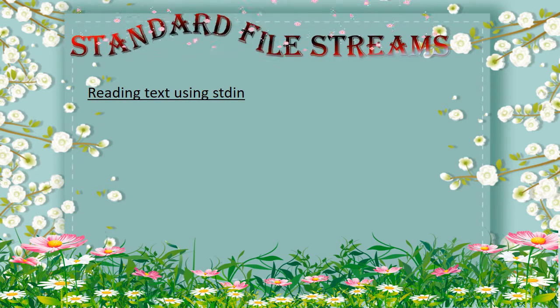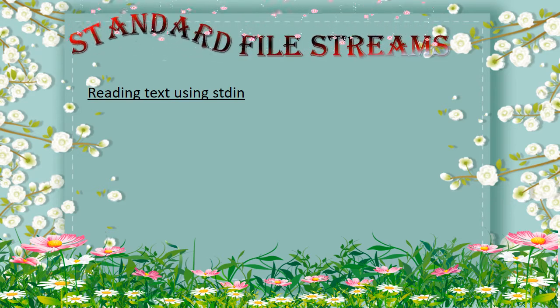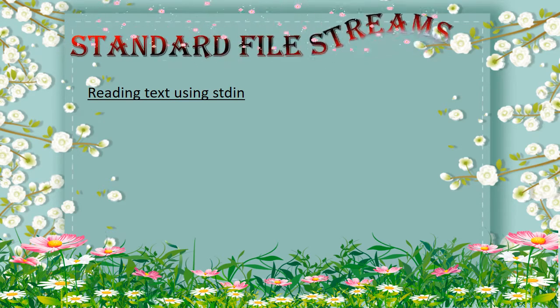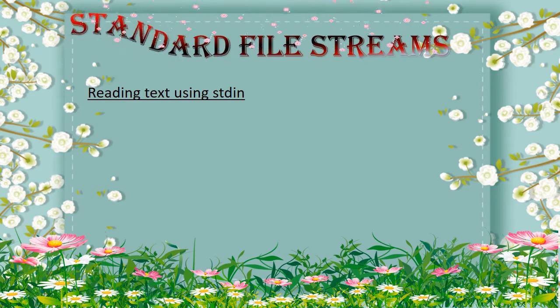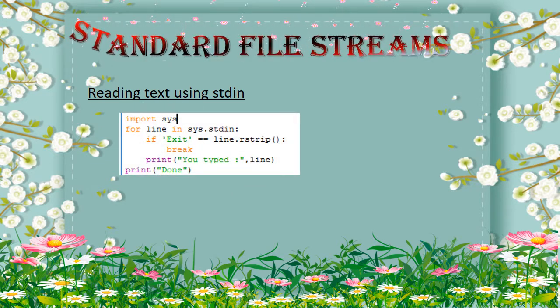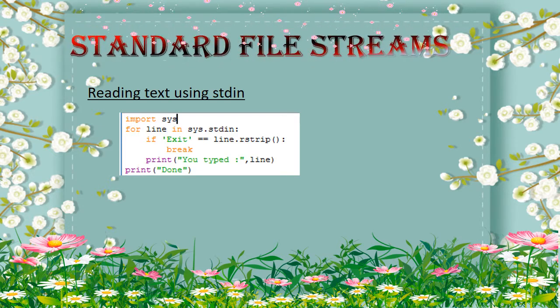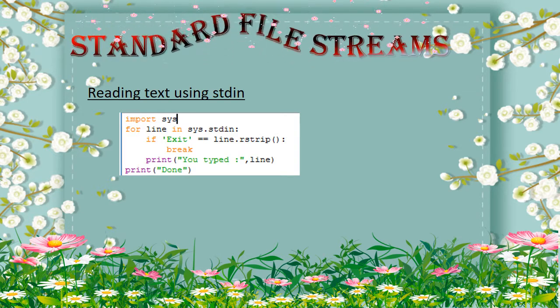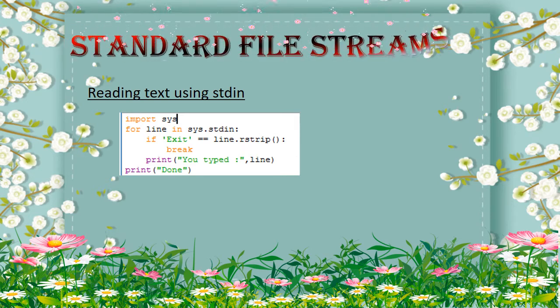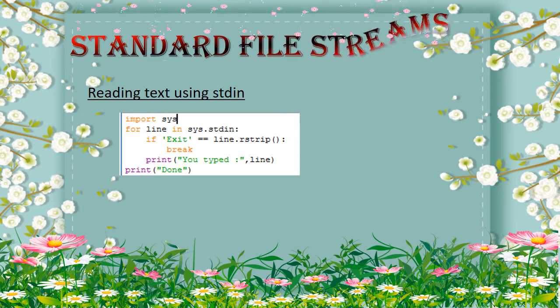Generally we use functions for reading text. Now we'll use the input function, right? In Python we use the input statement, but the standard input can also be used to read a string from the user. So here I import the sys module, and for line in sys.stdin, it gets the input from the user through the keyboard.